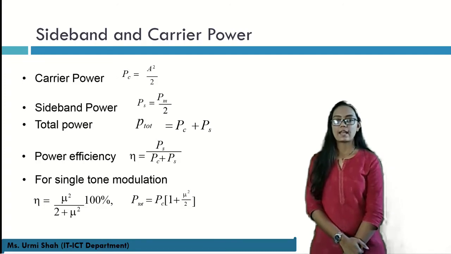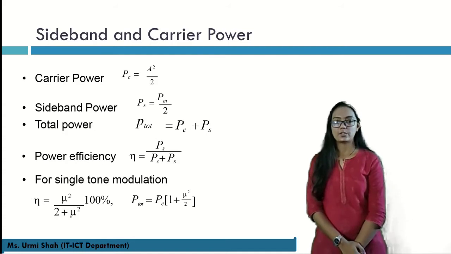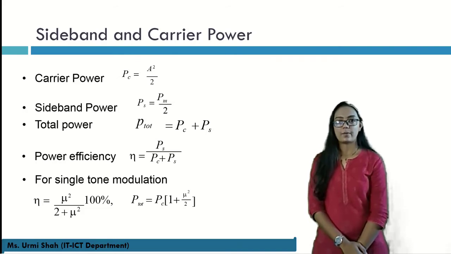Then the next is the sideband power. This sideband power has the formulation Pm by 2, that is the power contributed by message signal divided by 2. So this is the sideband power.